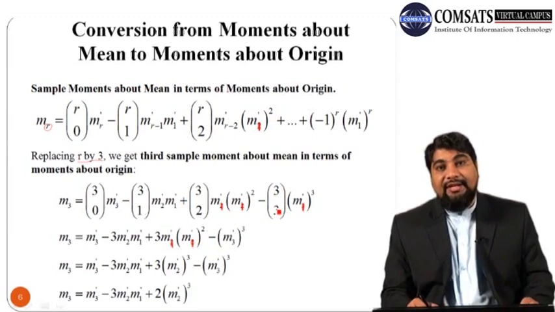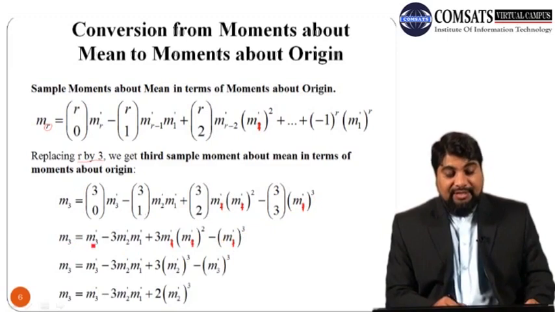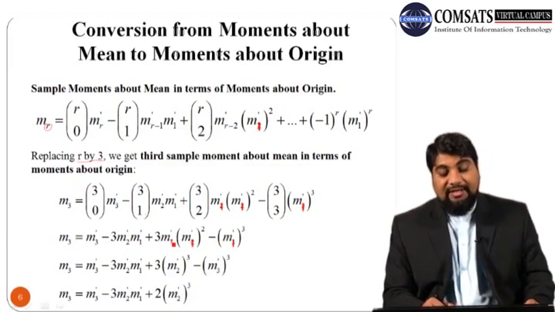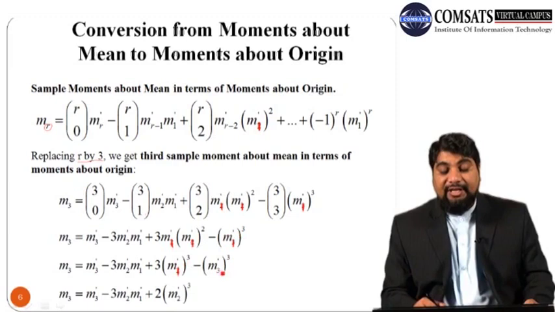Then 3c3 is 1, so minus as it is, and here we have m1' whole cube. In the next step, write the first two terms as it is, and here we have 3 times m1' and then m1' whole square. So we can combine these two terms, so it will be m1' whole cube. And here we have m1' whole cube, this one as it is.